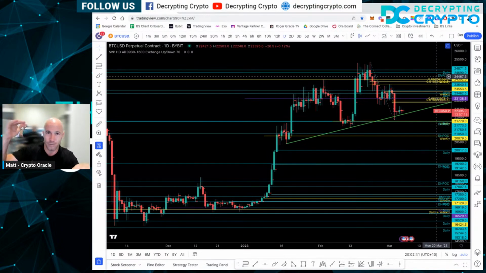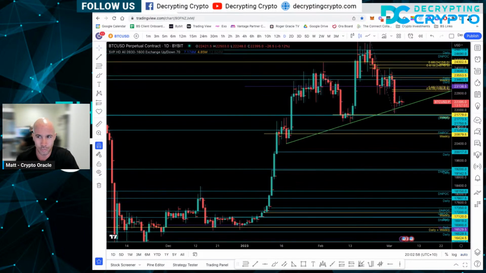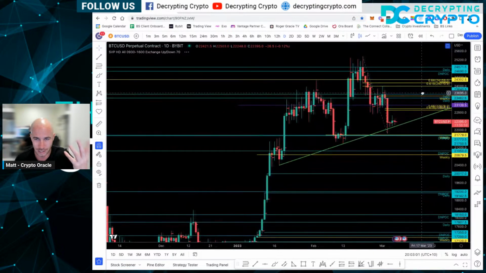And if we don't go back up and re-tap it the following day, it becomes what's called a naked point of control. So at some point, we like to think that price will go back to that price level, if it's up or down, to retest it, see if it's support, or if it's above, see if it's resistance, and then we move forward. I put them in the same color because they're the daily color.